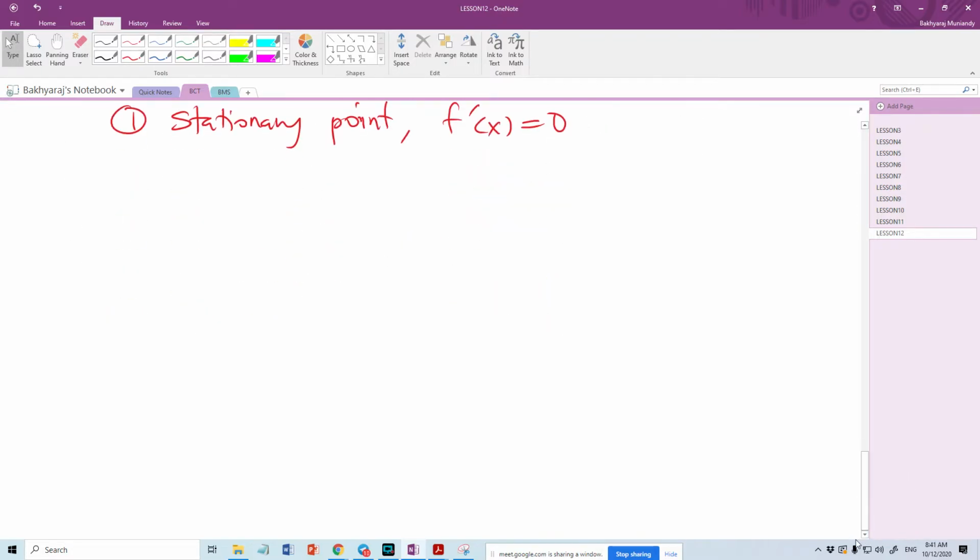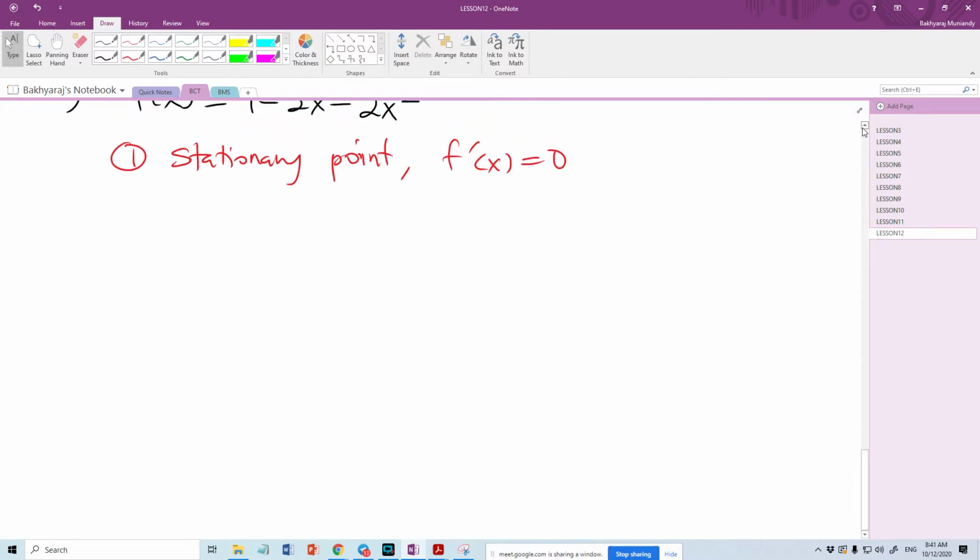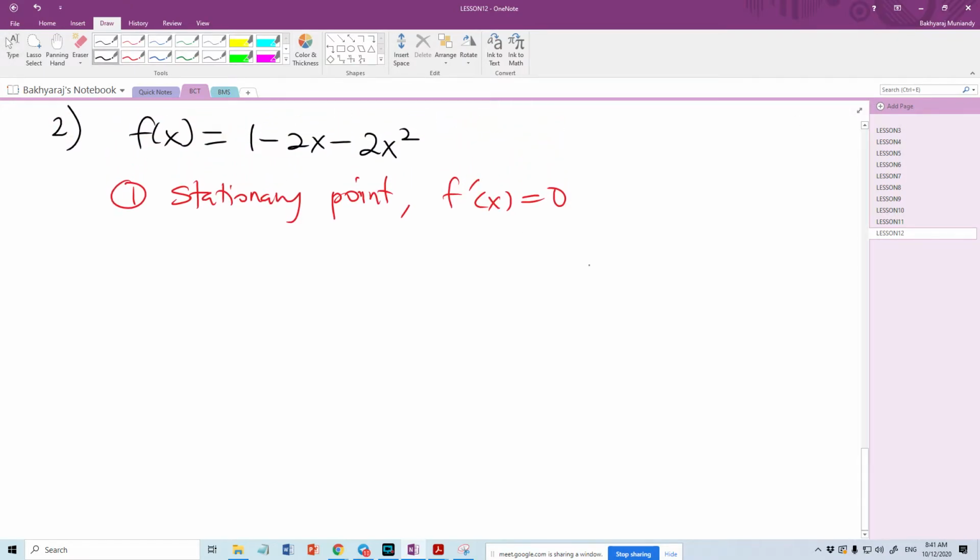Okay, so get the first derivation. Carikan dia punya jawapan dia. So when you differentiate, you get f prime x will be equal 1 will be 0, minus 2x become negative 2 and minus 2x square become negative 4x.